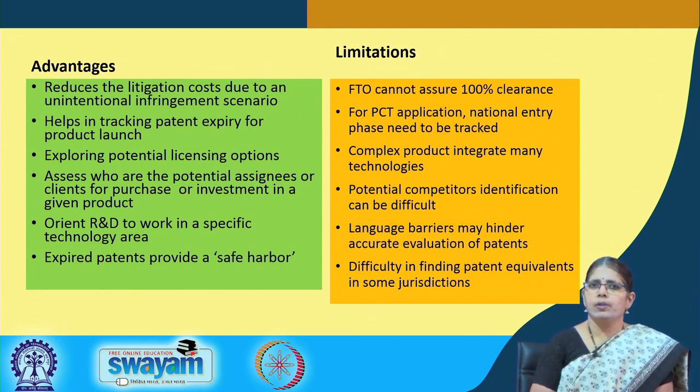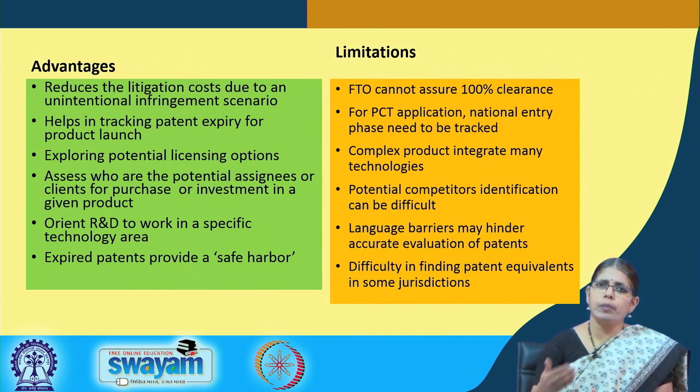There are limitations of FTO search. As we had discussed earlier, no FTO search can give you 100% clearance. There are several limitations. One is that there are language barriers which can actually prevent the accurate evaluation of a particular patent.